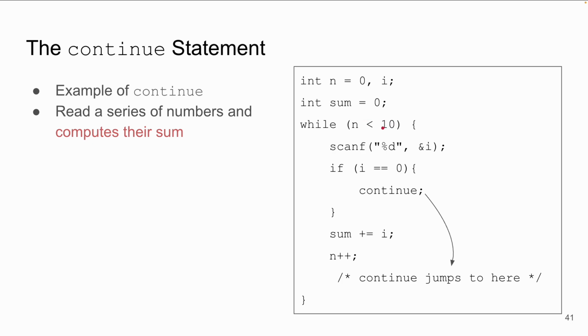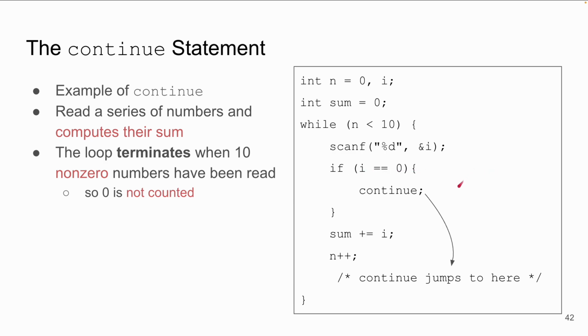So the controlling expression checks whether n is still less than 10. If it is true, I allow the user to enter one number and store it in i, then add i to sum, and then increment n by 1. So what this program does is allow the user to enter 10 numbers, and the program will sum the values that the user has entered.